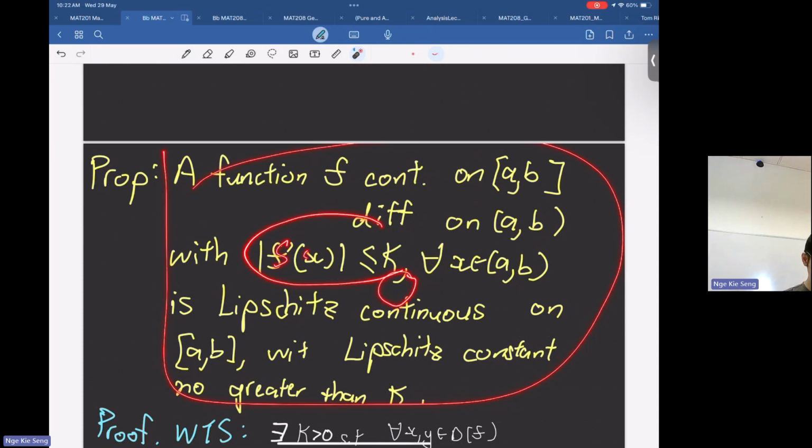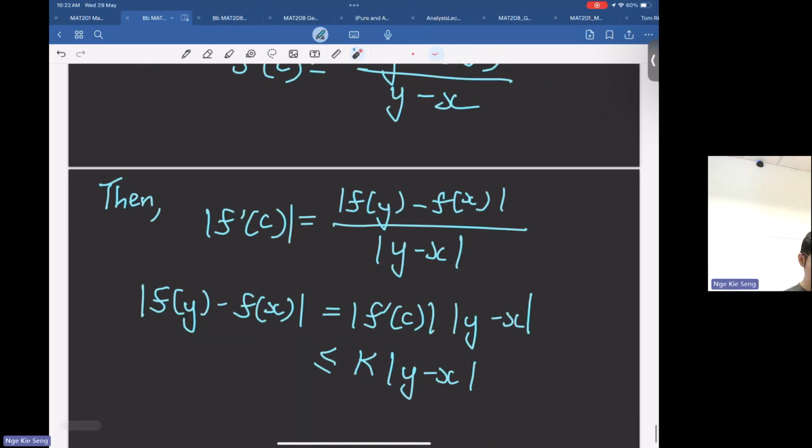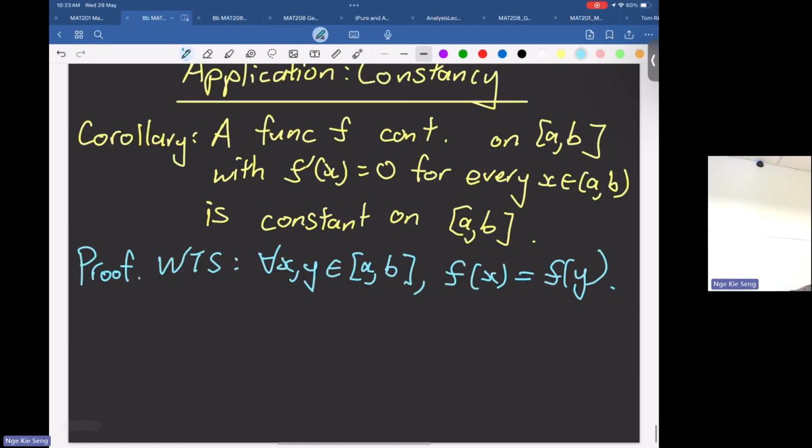We know that f prime x is exactly 0 at all points. Okay or not? So meaning what? Meaning here we get that the absolute value of fy minus fx is equal to 0, which means fy minus fx is just 0. Okay, so let me write here.